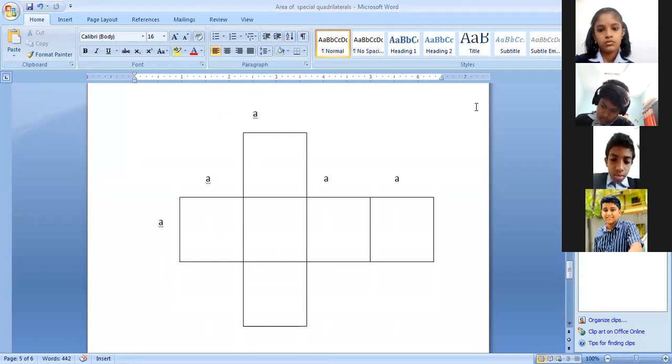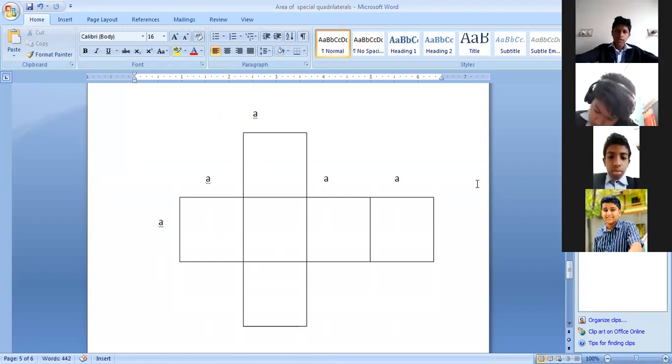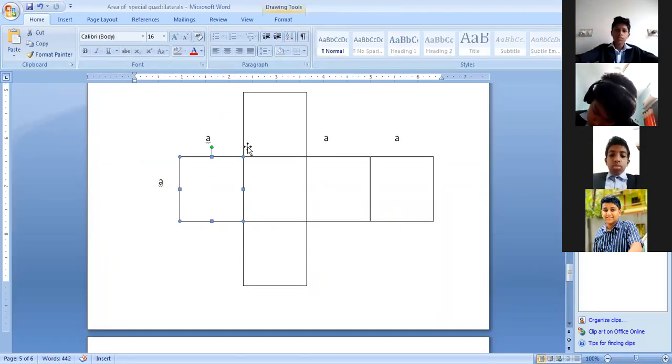If you know one side of the square, we can easily find the surface area of the square. In the case of a cube, how many squares are there? 6. Yeah, 1, 2, 3, 4, 5, 6.